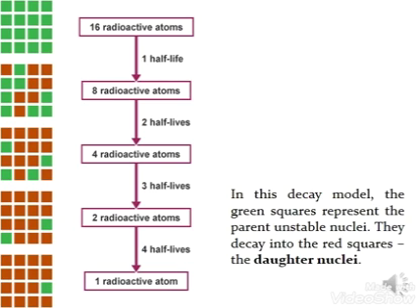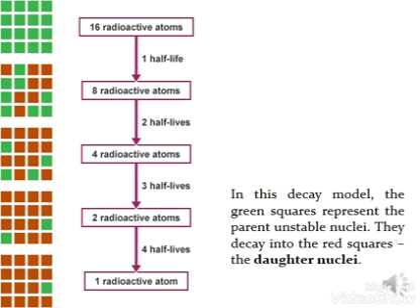Now, how many half-lives do the 16 radioactive atoms undergo to turn into 1? The answer is 4. Or simply count the arrows.